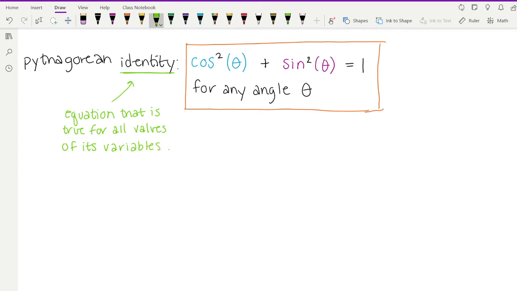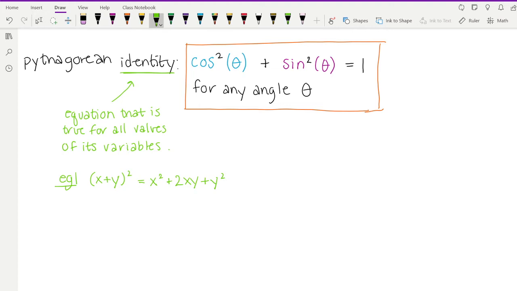Just to give a side example, an example of an identity unrelated to trigonometry might be something like this. If you have x plus y squared, if you multiply that out, you would get x squared plus 2xy plus y squared. That is an identity because the left-hand side and the right-hand side are just two ways of saying the same thing.